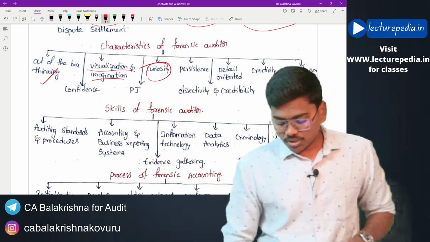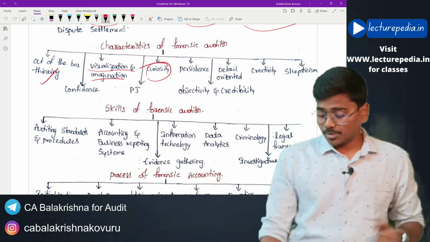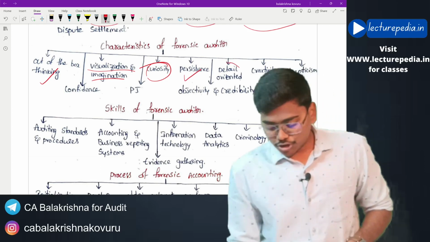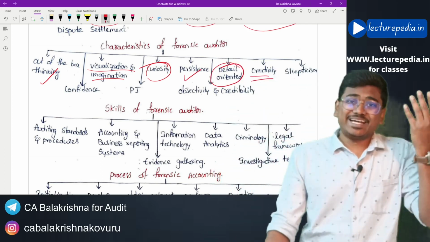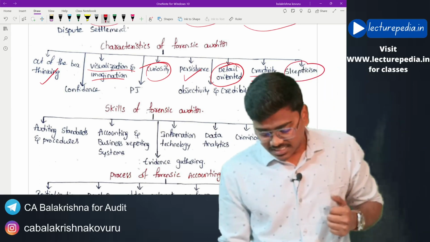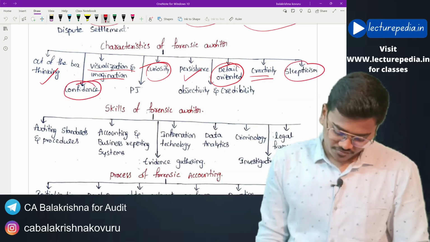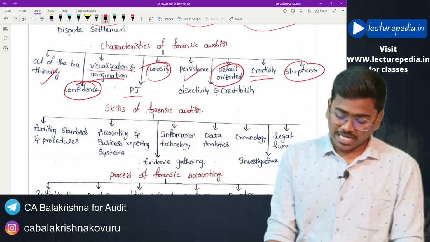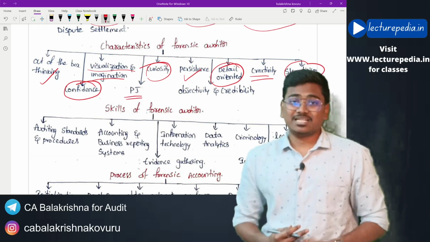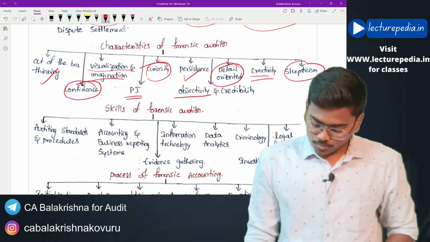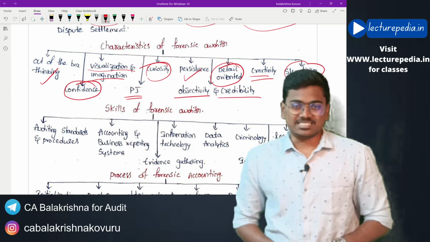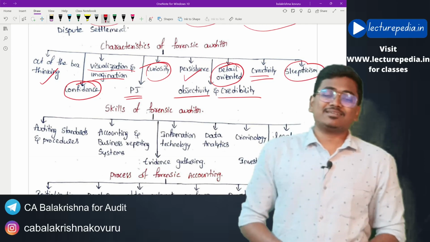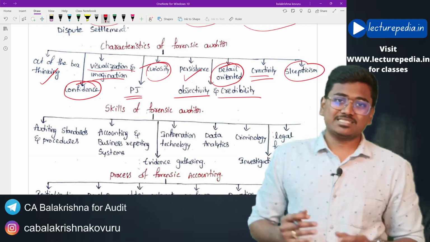And then he should be persistent enough, and he should be detail oriented, and he should have the quality of creativity and skepticism, and he should be confident enough, and he should have the quality of professional judgment, and he should make decisions objectively, and credibility should be possessed. So these are the characteristics of a forensic auditor.